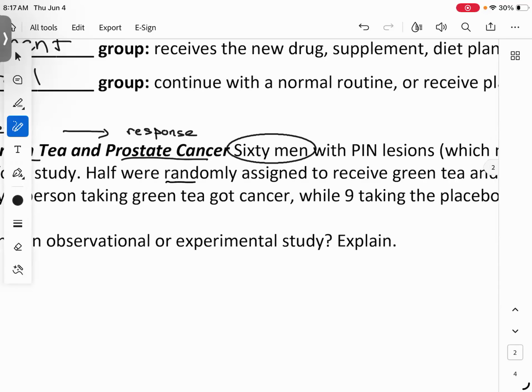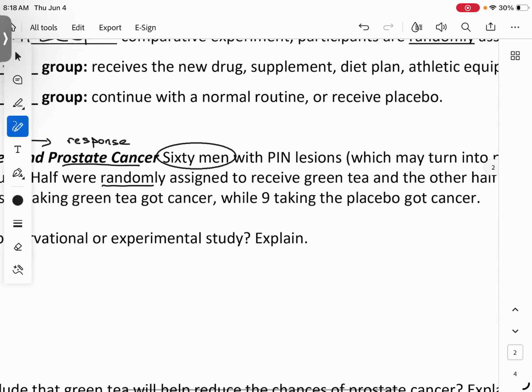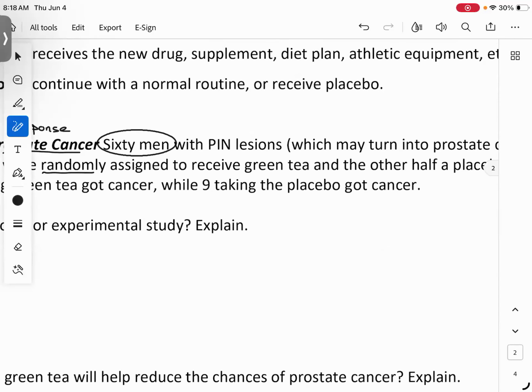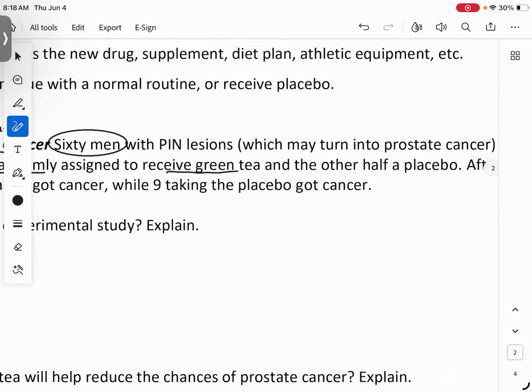Here's that word of all words. They randomly split them up into two groups, 30 versus 30. And then here's the control. Some received the green tea and the other half a placebo. Now, again, in this study, as you're splitting them up, you would want to give both groups something. The first group, for sure, gets the green tea. They're going to be the special group.